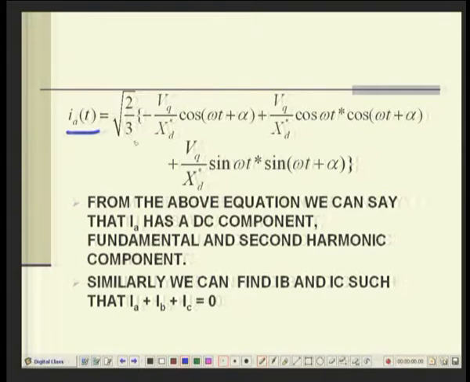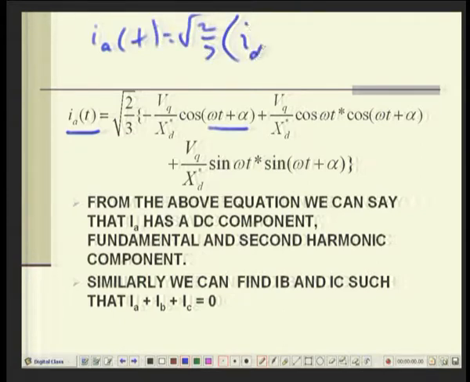IA will be root 2 by 3 ID cos omega t plus alpha, I think plus, is it plus or minus?